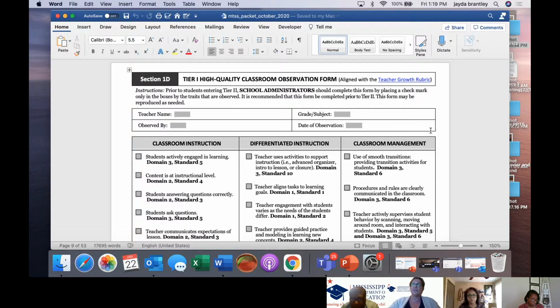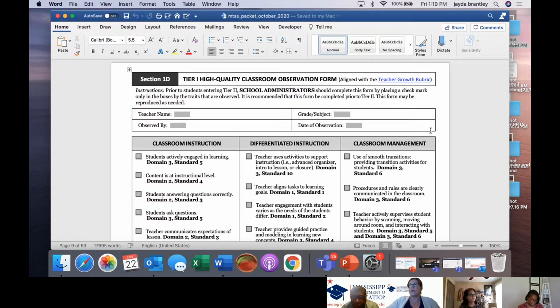And again, this is another good talking point where, if the administrator or assistant principal, whoever's observing, sees some deficit areas with the teacher, he or she can go in and work with the teacher on those particular areas. So they definitely want to have some good conversations about improvement if there are some deficit areas.